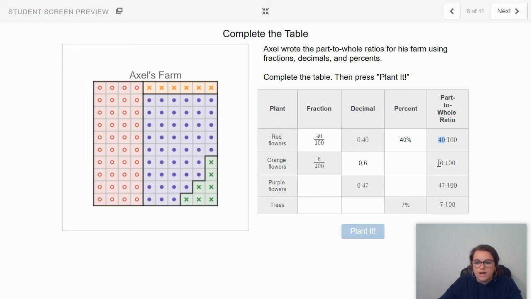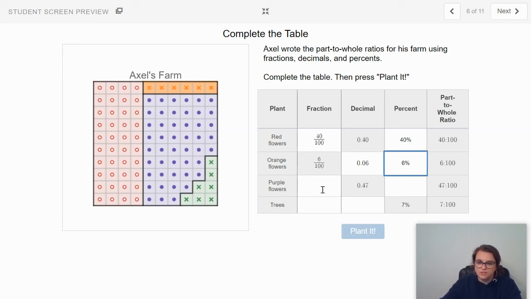But when it's a ones, like 6 ones, you have to put a 0 before you can write the number. Then for percent, it gets easy again. If our whole is 100, all you have to do is write the number of how many orange flowers there are, for example, and then write the percent sign.